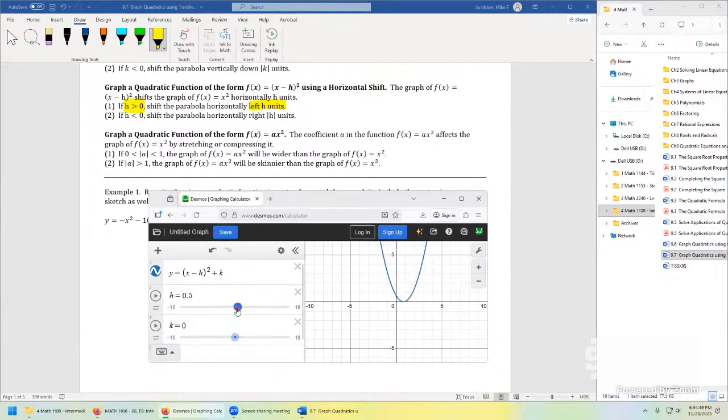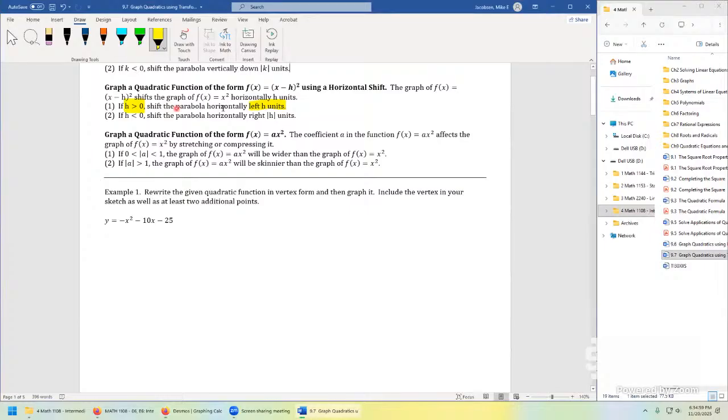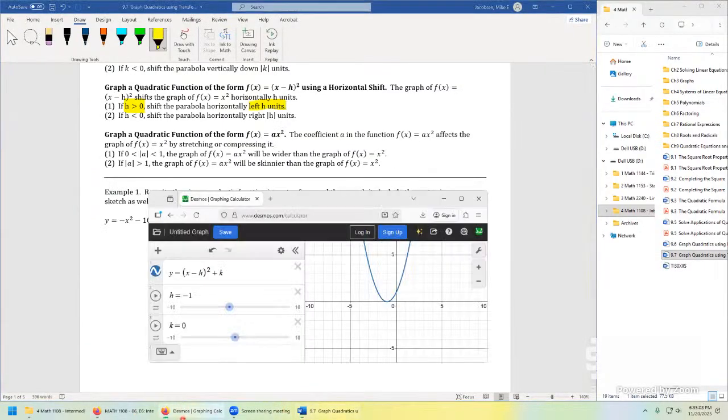Hang on. I think I got that mixed up. I have an x minus h squared and an x minus h squared here. I think I have a typo in these notes.